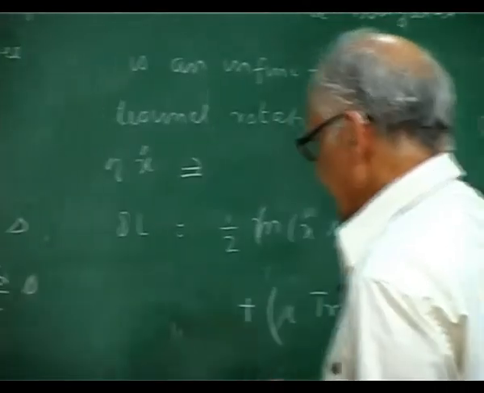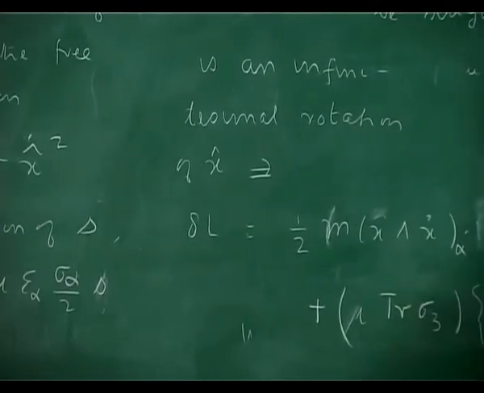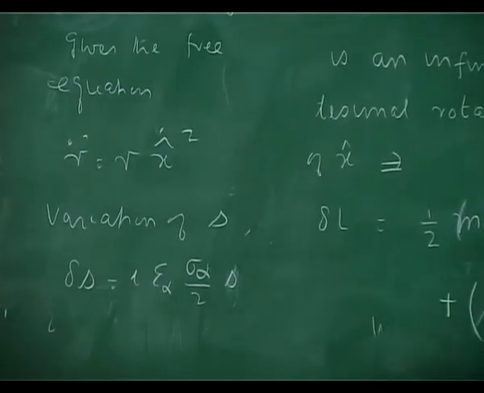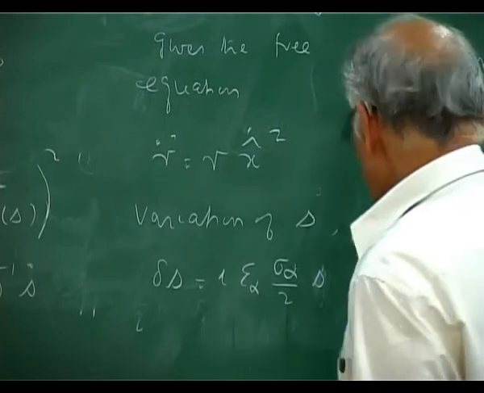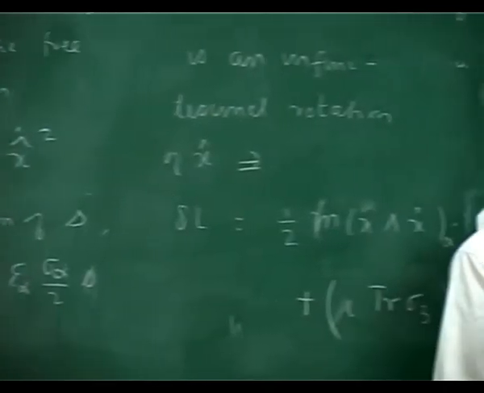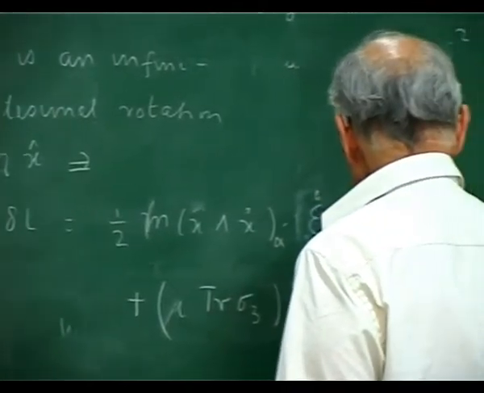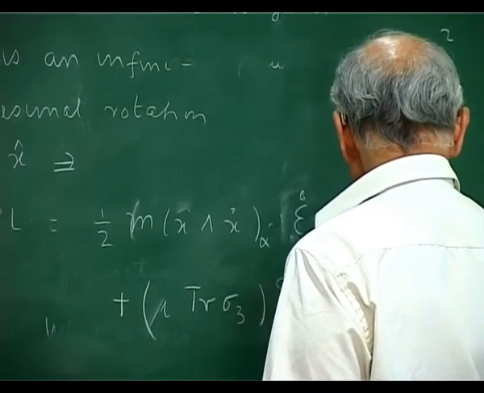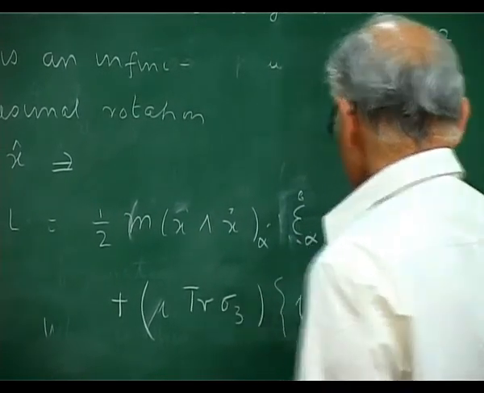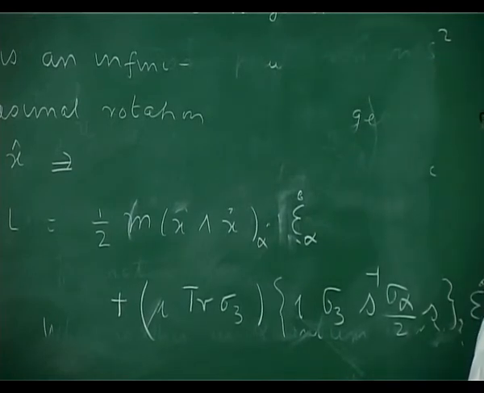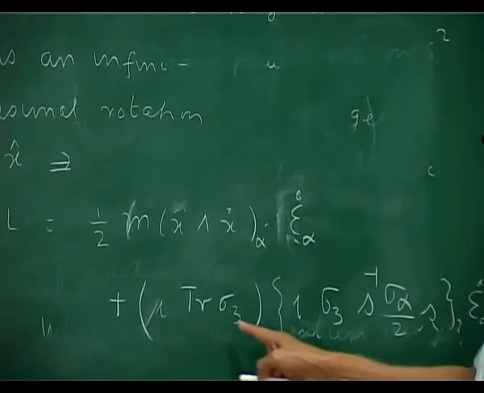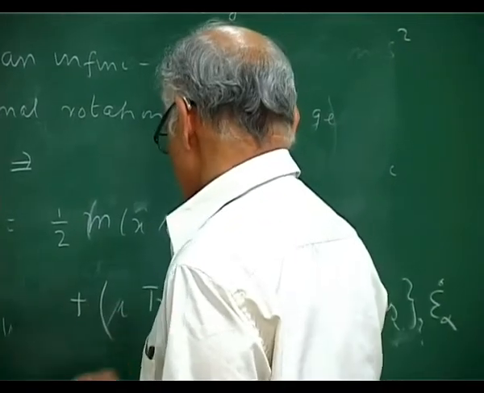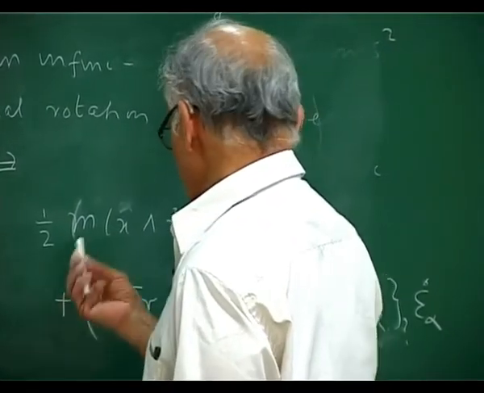So here there is an i epsilon i sigma 3, S inverse sigma alpha over 2 S times epsilon alpha dot. Yes, there is a sign; I have not been careful about signs.